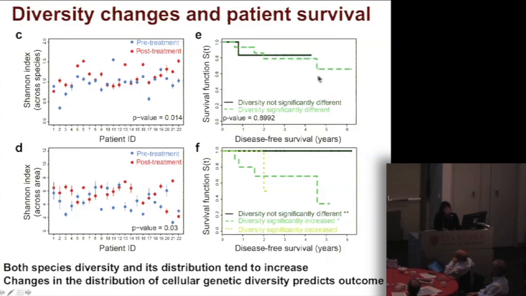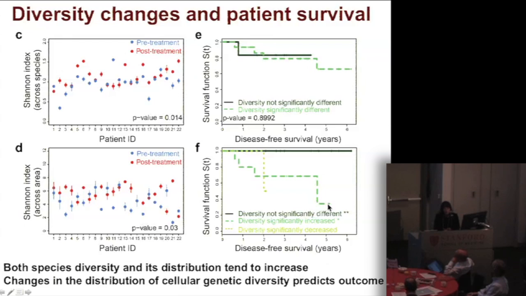Then when we looked at association with outcome of the patients, in terms of recurrence-free survival, when we just looked at the species diversity, that actually was not significantly correlating with survival. The ones that had no change or had change were about doing the same. But when we looked at the diversity across area, the patients who had a significant increase, or maybe even decrease, though for the decrease we only had 2 cases, so that may not be that significant, the patients that had an increase in diversity distribution across area had a significantly worse outcome.